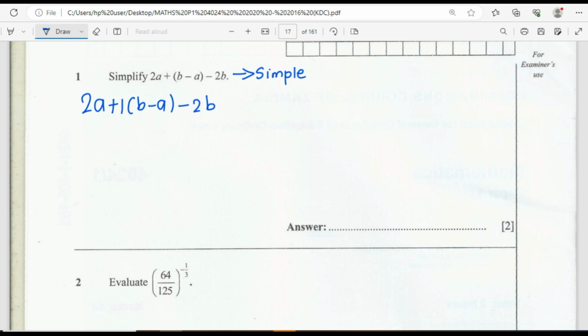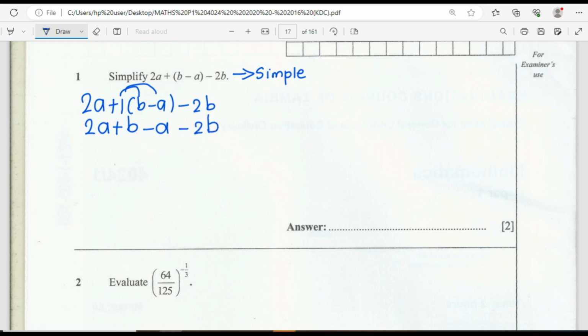Now, since the numbers, including the letter that we have inside the bracket, will be multiplied by 1, this has no effect. So what we can do is just multiply 1 times b will give us b. The 1 times negative a will give us negative a minus 2b.